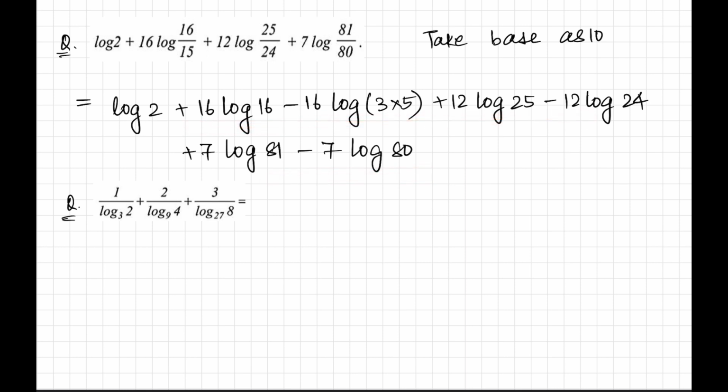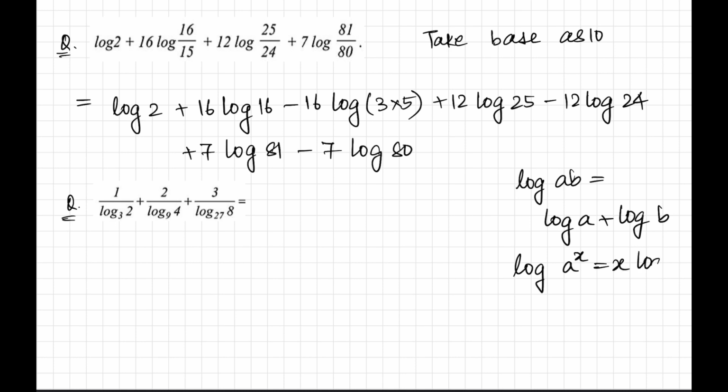Now we have to apply the property log a into b is equal to log a plus log b, and log a raised to x is equal to x log a. All of these properties we have studied in the previous video.